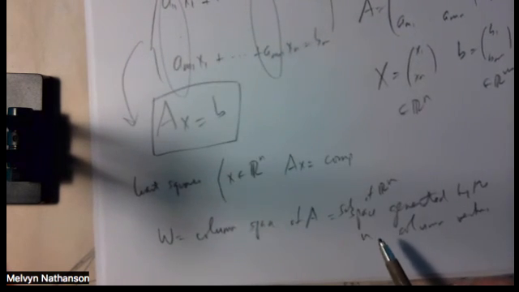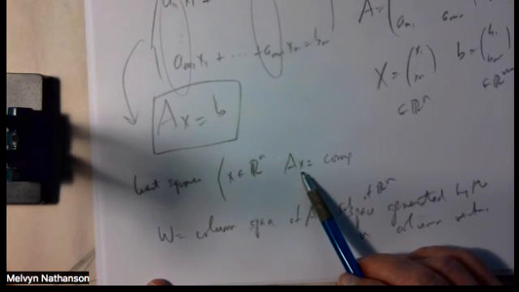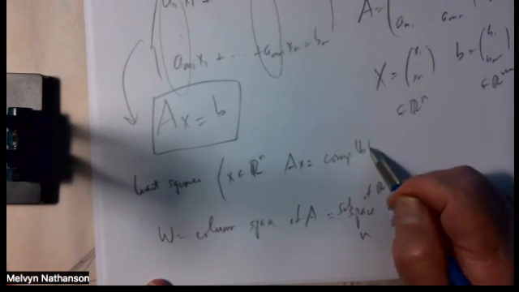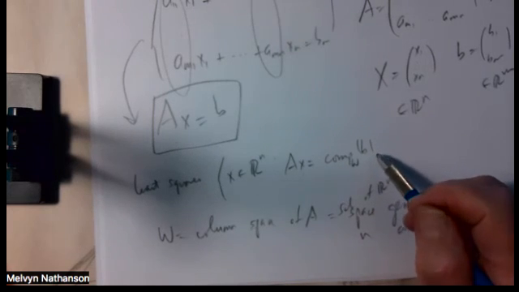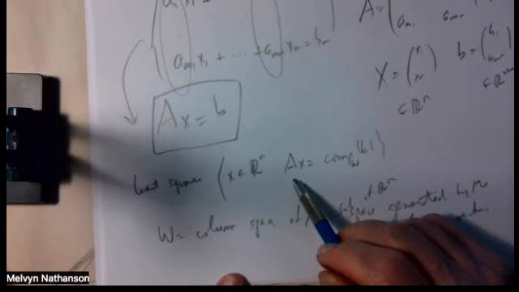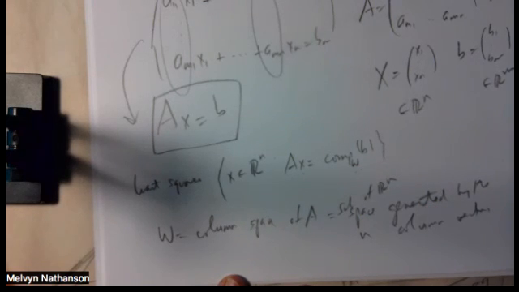You look at all vectors x in Rn such that Ax is the component of the vector b with respect to the subspace W, that is, all vectors x such that Ax is equal to that component.